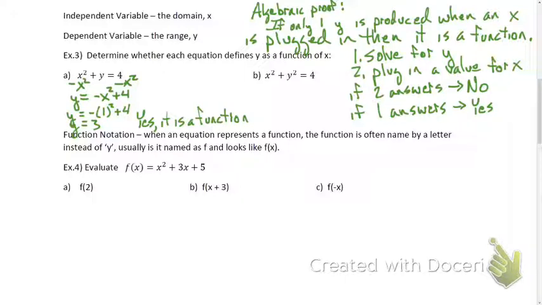On part B, I'm going to run out of room. I want to go through the same steps, but I need to get rid of that exponent of 2 above the y. So I need to square root both sides. And I get a plus or minus. And if you're clever with your algebra, you see the answer is going to be no right away.